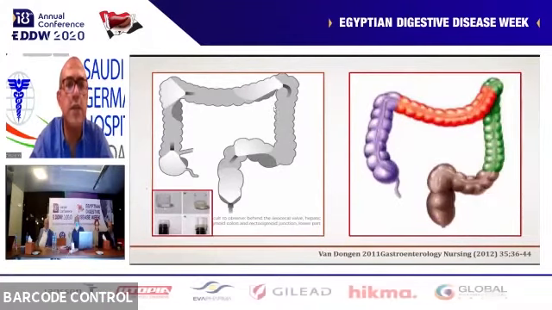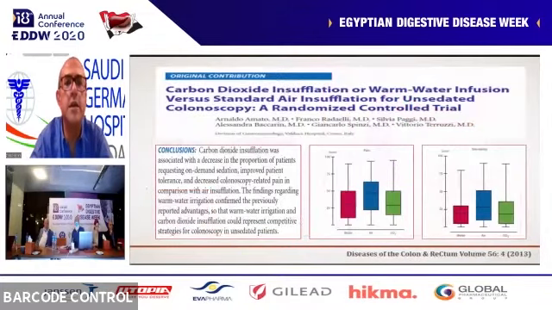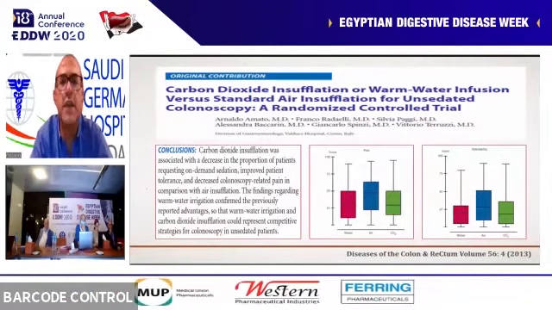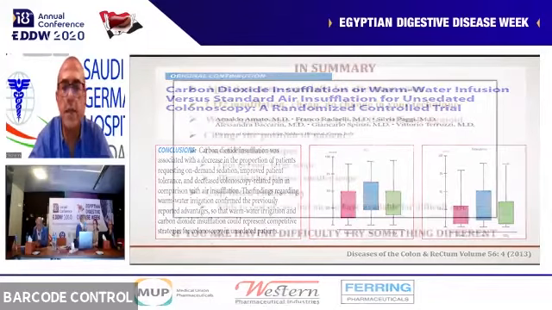So a cap can make the scope easier and more stable. And it was found that the use of carbon dioxide or water insufflation or water irrigation is better than regular air, and it decreases the post-procedure discomfort.